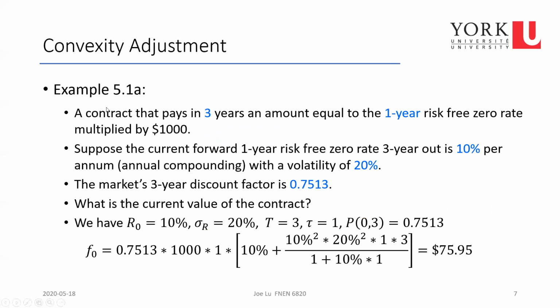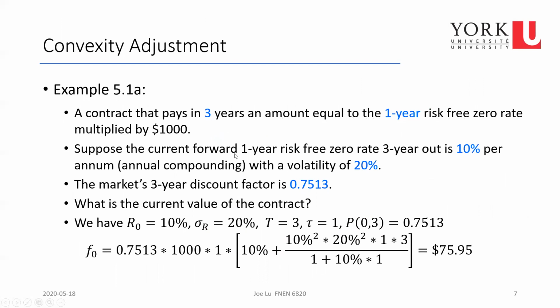Okay, let's see an actual numerical example. So for a contract that pays in 3 years an amount equal to the 1 year risk-free rate multiplied by 1,000.